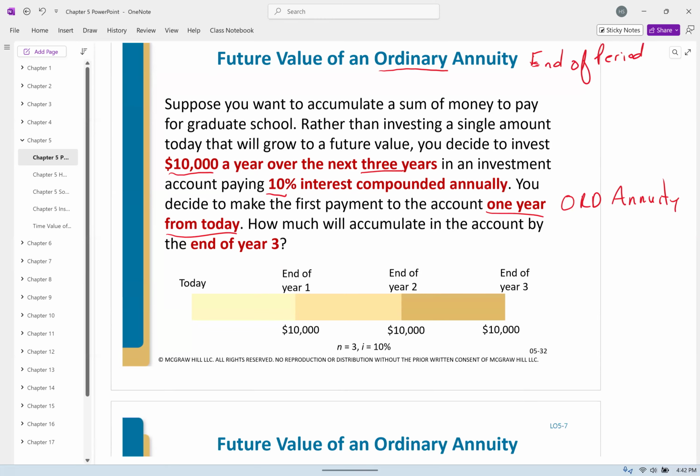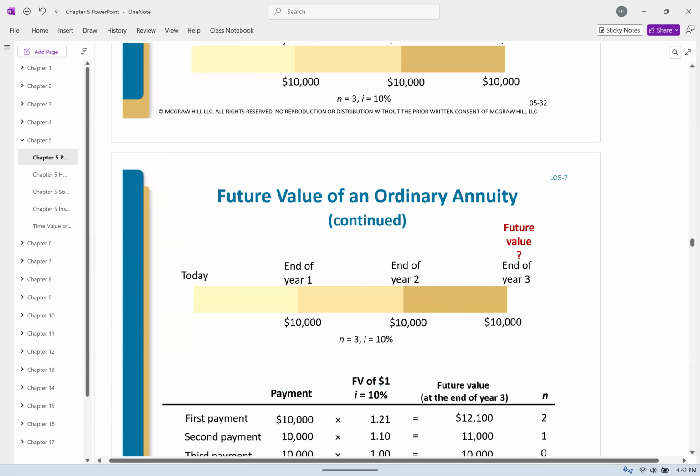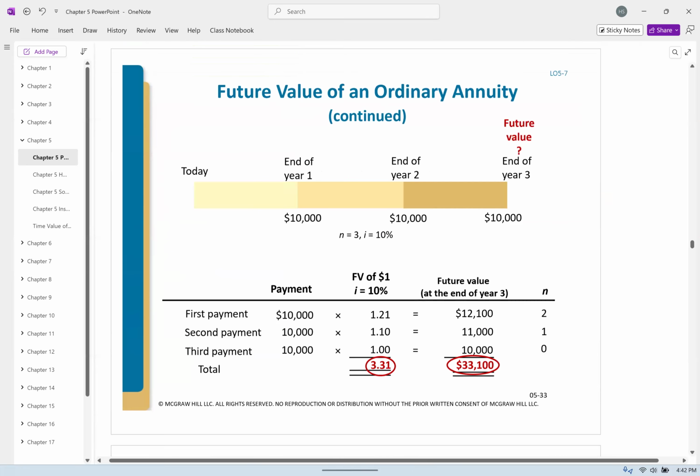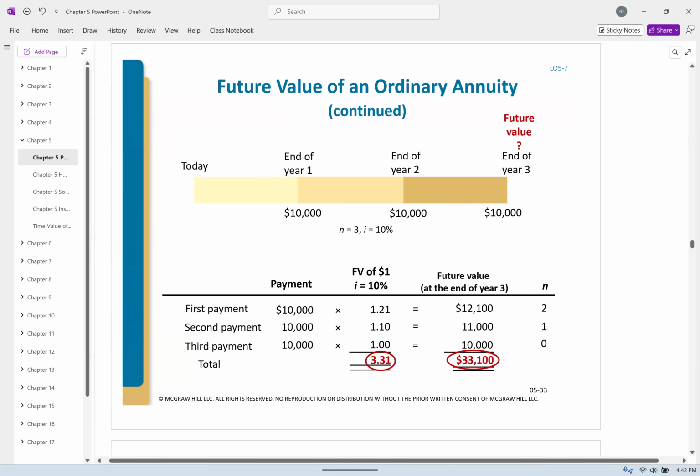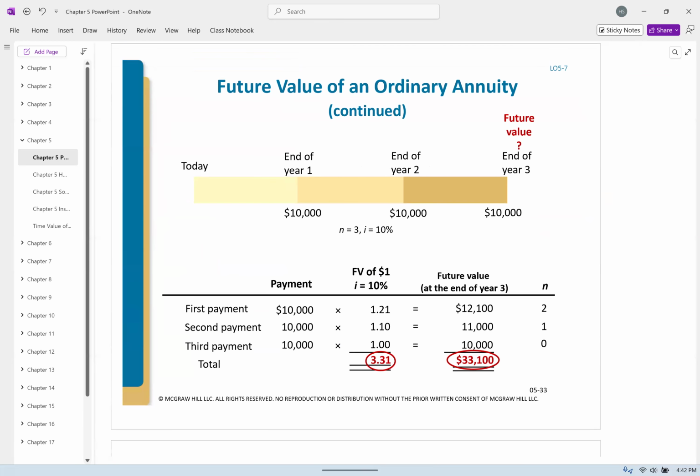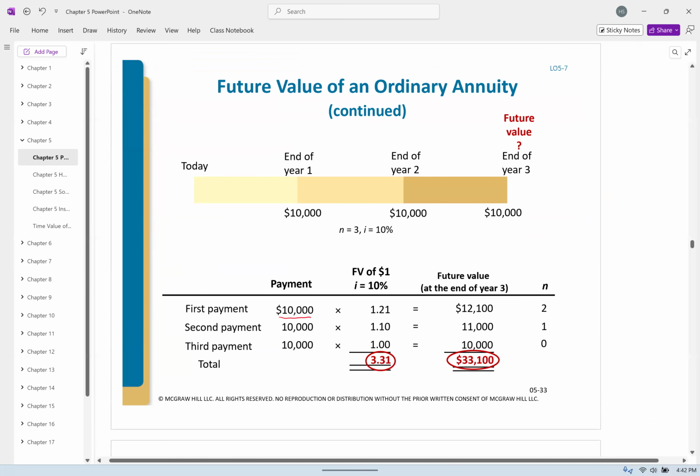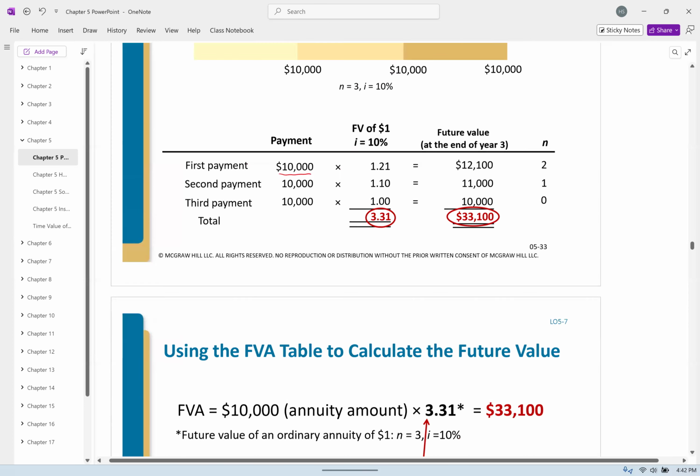Well, here we can go through this calculation, but we don't really want to do that. That's a lot of work. Your first payment is 10,000 multiplied times 1.21. We don't want to do that.